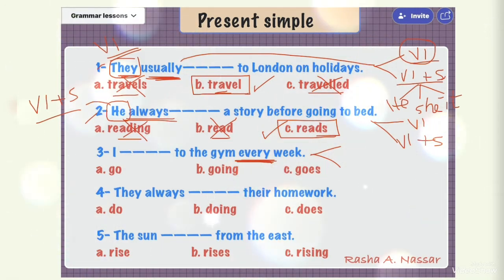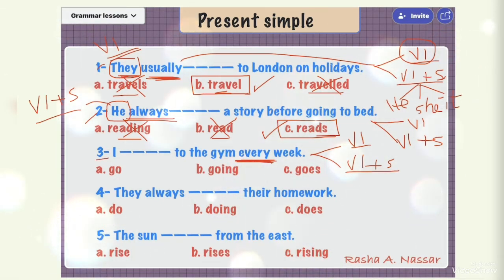So I will choose V1 or V1 plus S. It is present simple. Where can I choose V1? With I, we, they, and you. And where can I choose V1 plus S? With he, she, and it.